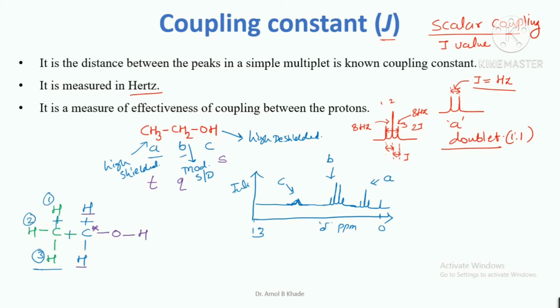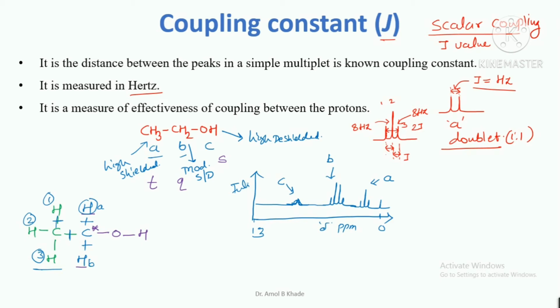So this is a 3-bond coupling of this particular proton 1 to this proton, which I will refer to as proton A. Similarly, the same proton 1 can also couple with this proton B, again by 1 bond, 2 bond, and 3 bond. So this is called 3J coupling.